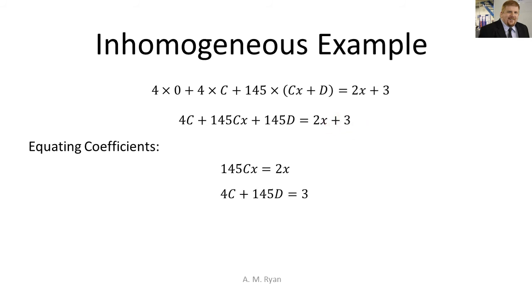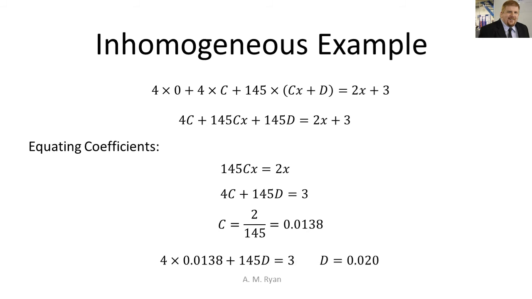So we get 4c plus 145d is 3. Using that first equation, we can work c out very quickly: 2 divided by 145, so c is 0.0138. We then plug that into our second equation, 4 times c plus 145d is 3, and rearranging for d, we get that d is 0.02.